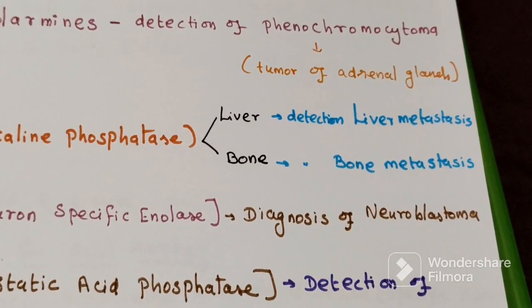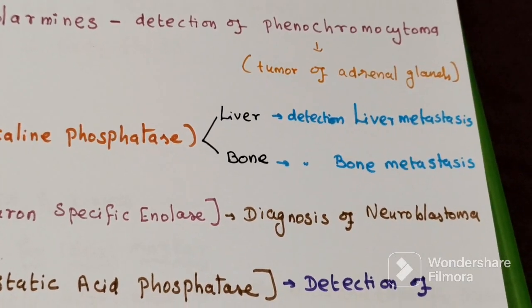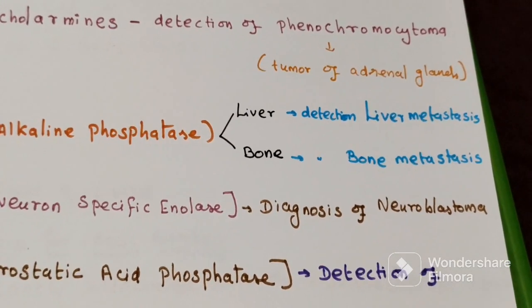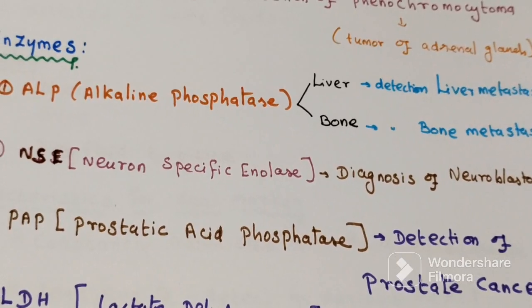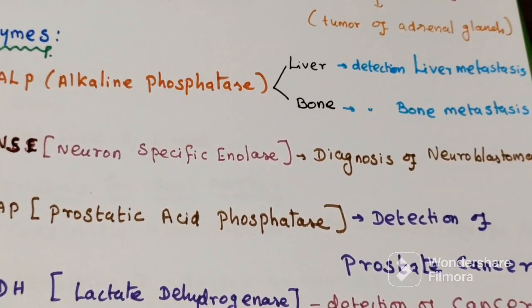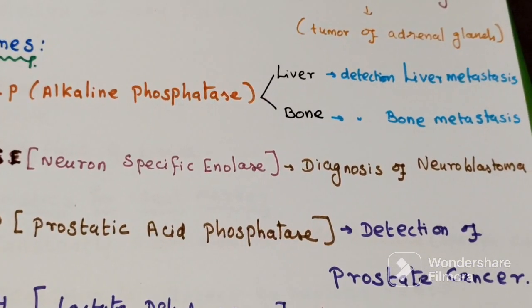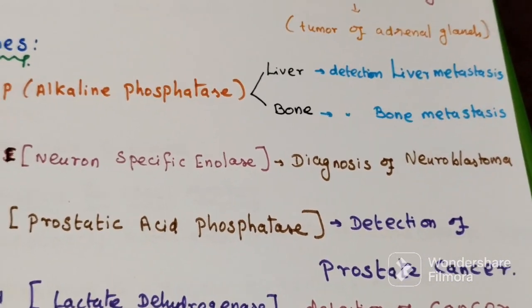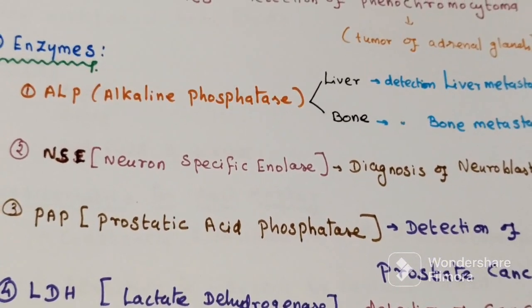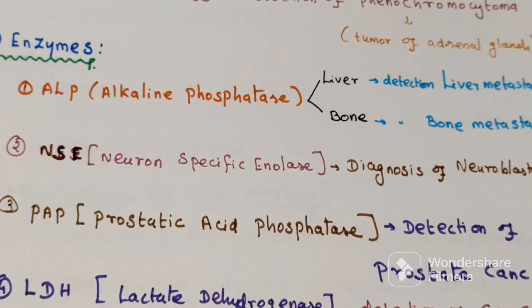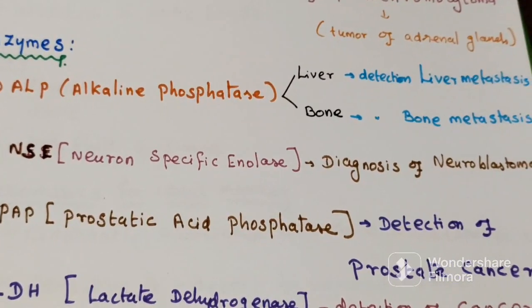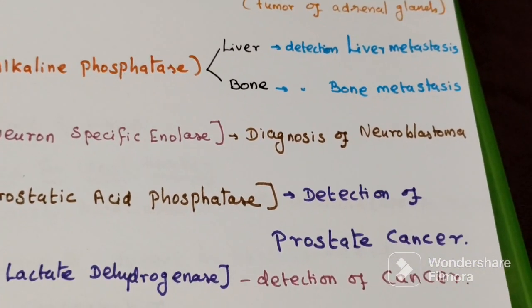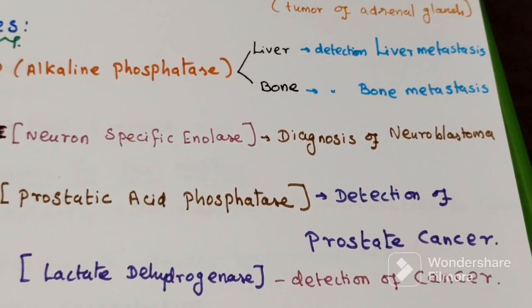The bone isoenzyme is used for detection of bone metastasis in bone cancer. Then NSE, neuron specific enolase, is used for diagnosis of neuroblastoma. PAP, prostatic acid phosphatase, is used for detection of prostate cancer.